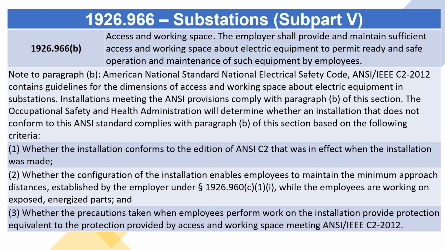Whether the configuration of the installation enables employees to maintain the minimum approach distances established by the employer under Section 1926.960(c)(1)(i) while the employees are working on exposed, energized parts, and 3. Whether the precautions taken when employees perform work on the installation provide protection equivalent to the protection provided by access and working space meeting ANSI/IEEE C2-2012.